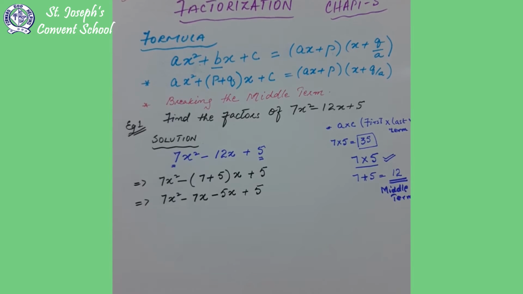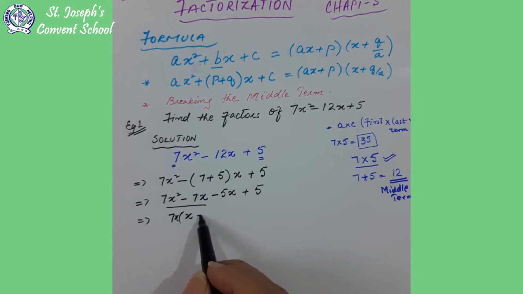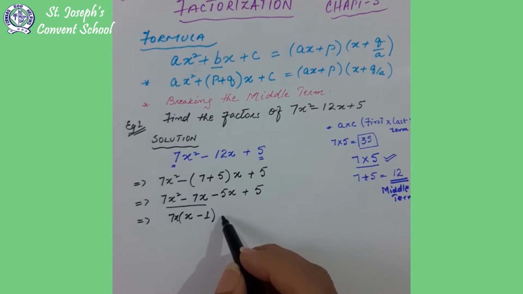Okay, now we'll take the common from first two terms. 7 is common and x is also common. Okay, so let me write x here. 7x is common. Now remaining terms are x minus 7 ones are 7 and x is also common, so 1 will come, right?